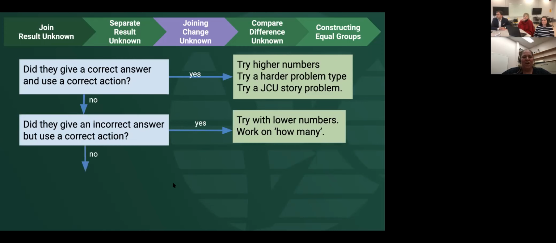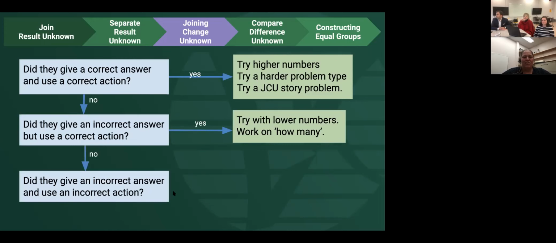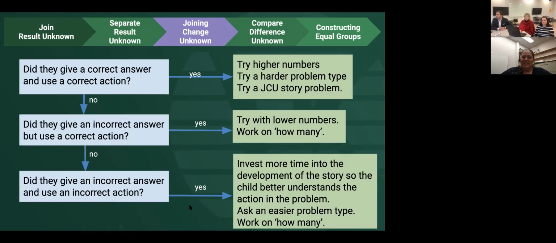And if not, did they give an incorrect answer and use an incorrect solution strategy? If yes, then really developing those change unknown stories is helpful. In that case, asking some of those easier problem types and using lower numbers, easier to manipulate, would help them out.